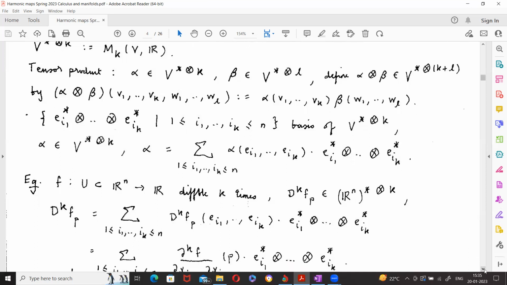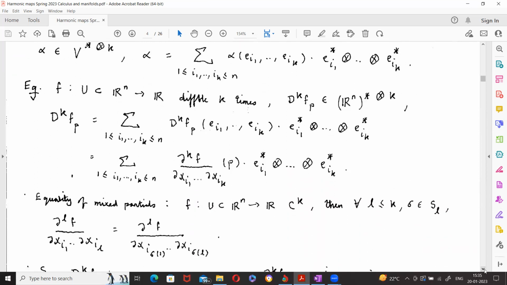So in particular, if we apply this to the kth derivative, d^k f at p of a map from R^n to R, this is an element of R^n star tensor power k. It's a k multilinear function from R^n cross R^n, k times, to R. So the expansion of d^k f at p will be the sum over i_1 to i_k of d^k f at p applied to e_{i_1} to e_{i_k}, into e_{i_1} star tensor e_{i_k} star.